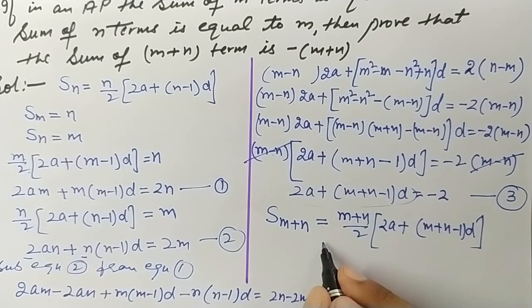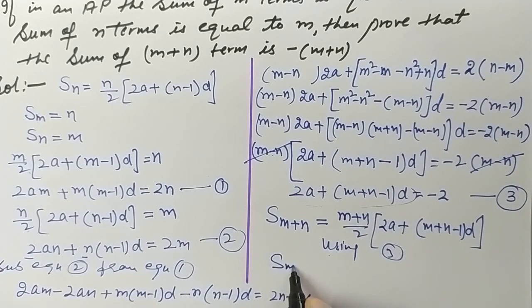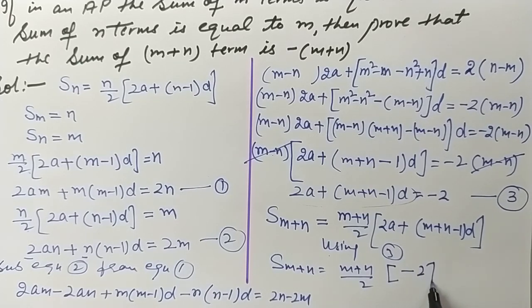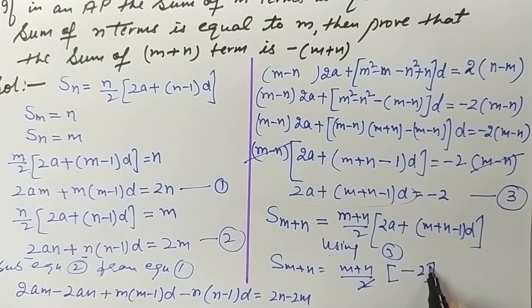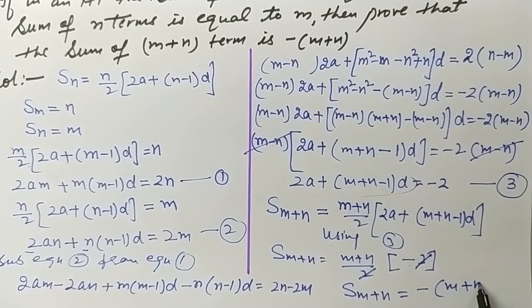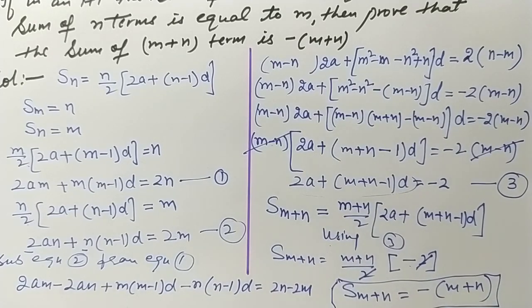Using 3, we get S of m plus n is equal to m plus n over 2, and this value is minus 2. So minus 2, and the 2 and 2 cancel. What is left inside is S of m plus n is equal to minus m plus n. This is what we needed to prove only. So that's the way we have done it.